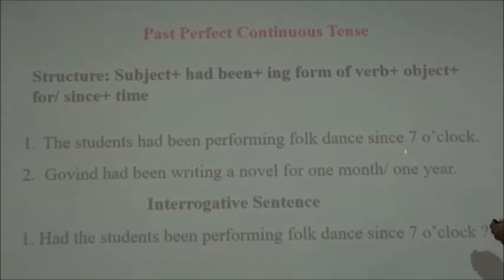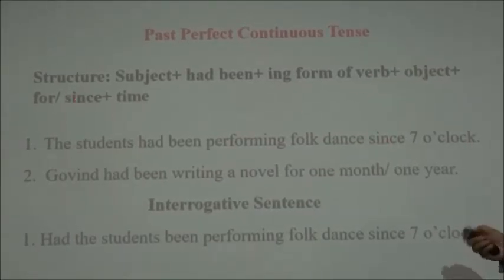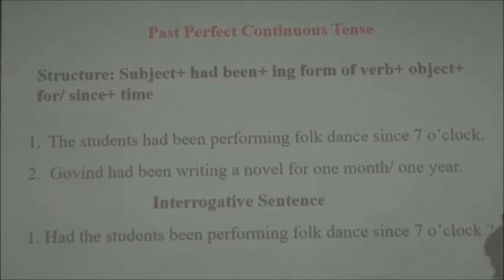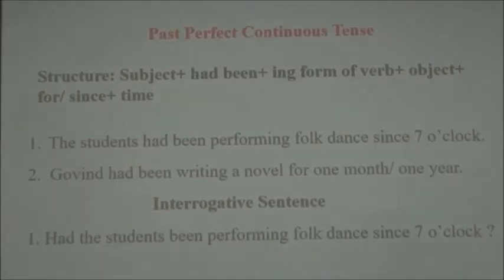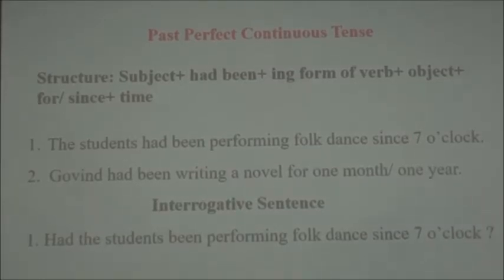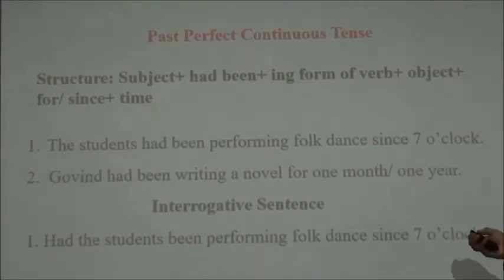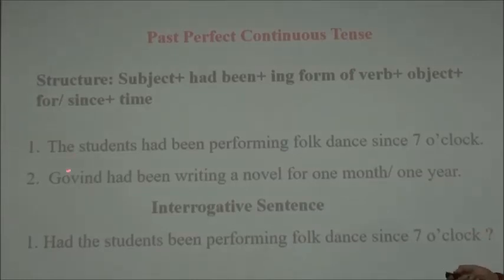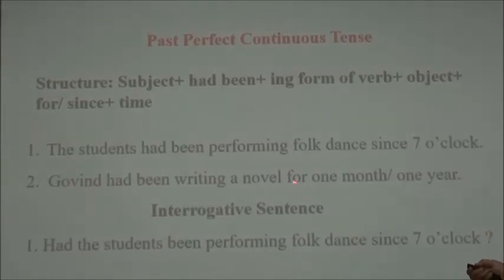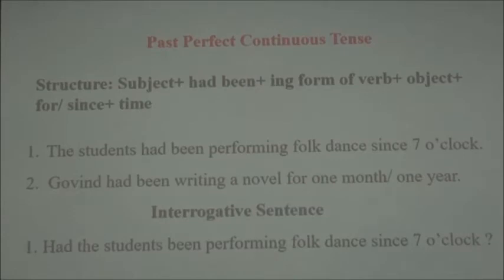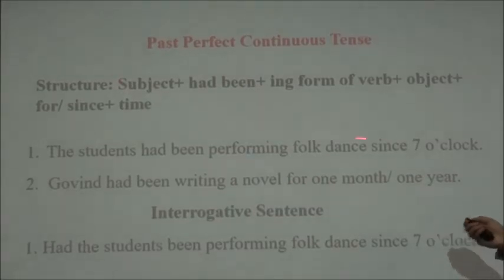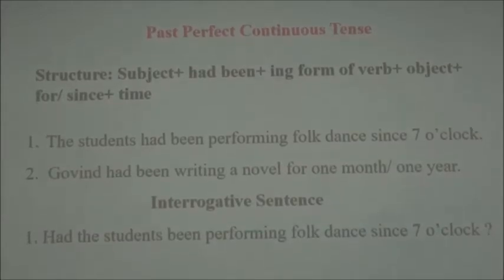Then since 7 o'clock. Why is there since? Because 7 o'clock is definite. This is a point of time. Suppose if it were 4 o'clock, it is also a point of time. But if there is 1 month, 2 months, 3 months, then there is no set time. Like in another sentence, the second sentence is Gobind had been writing a novel for 1 month or 1 year. Here you see that the structure is followed, but there is for, because time is a period.